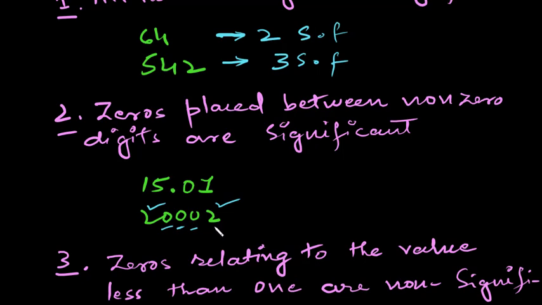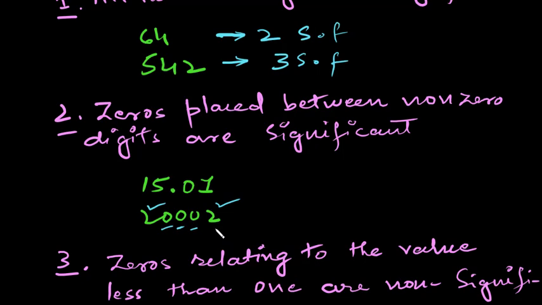So this rule says if zeros, no matter how many they are, even tens of thousands of zeros, are placed between non-zero digits, even a single non-zero digit, all of those zeros are significant.